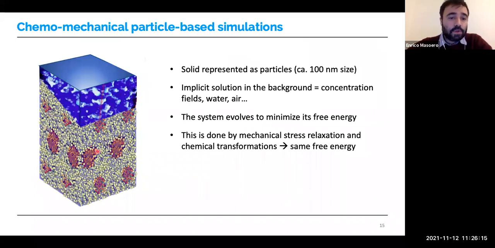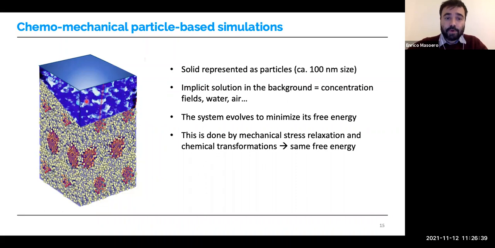So in this model, what you see here is each solid phase is represented by particles of different colors, but also in the background between these particles, in the pores, there is an implicit solution that is described as a field of concentration of different ions and water and air. So it gives you a continuous field that describes the solution in the pores.